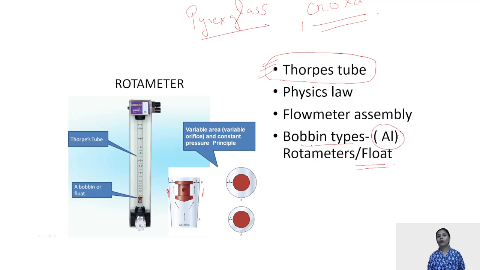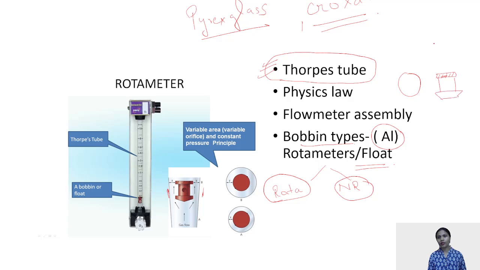Now, when you talk about your bobbin, it can be of two types. It can be a rotating bobbin, or it can be a non-rotating bobbin also. Generally your bobbins can be a spherical shape, or they are shaped like this. It can have such shapes, and they have flutes over it. These flutes actually help in the movement of these bobbins.